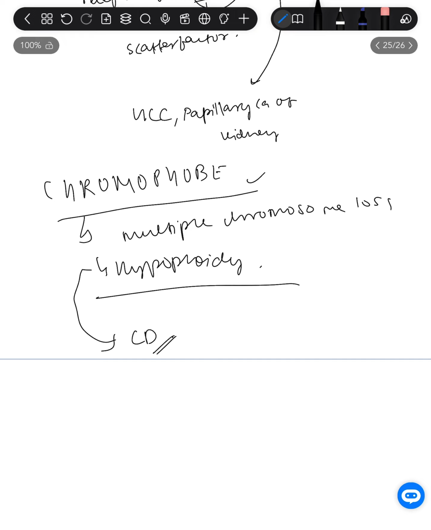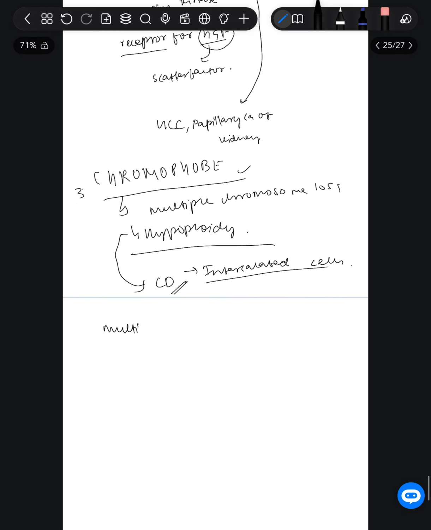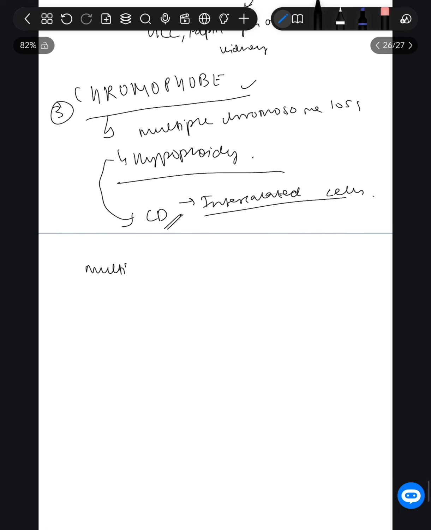In the collecting duct we have something called intercalated cells, and this cancer arises from intercalated cells. Secondly, we have multilocular cystic renal neoplasm.